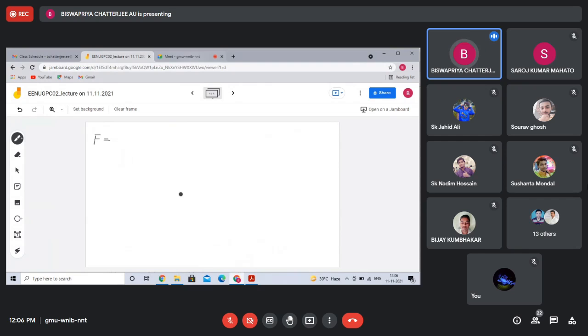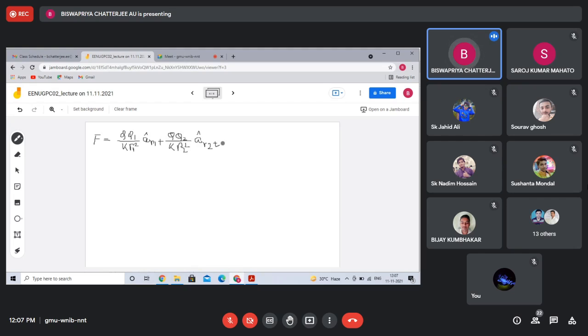Let me write it down: q1 by 4 pi epsilon naught, let us not write it right now, the constant k over r1 square into a r1, this is the unit vector. The second term is q2, the constant k over r2 square, into the unit vector a r2.